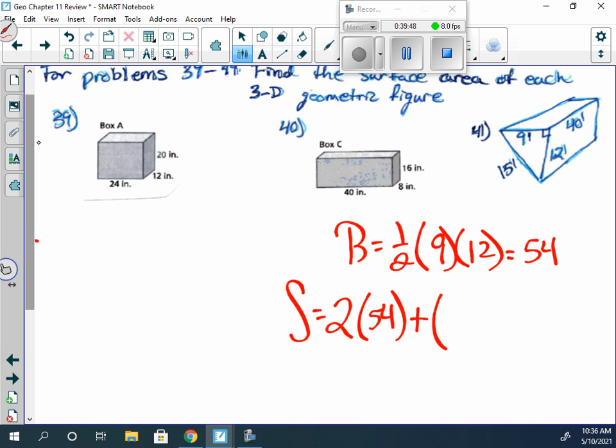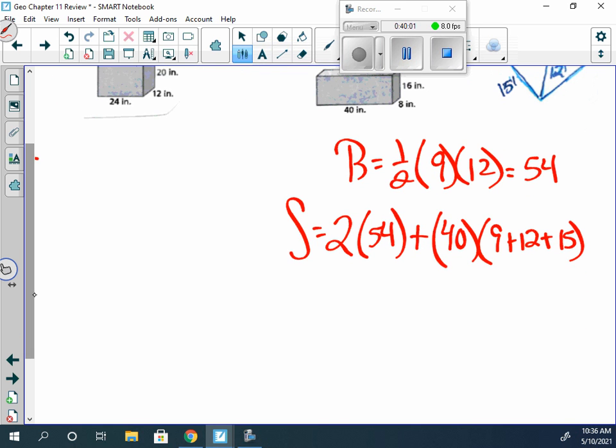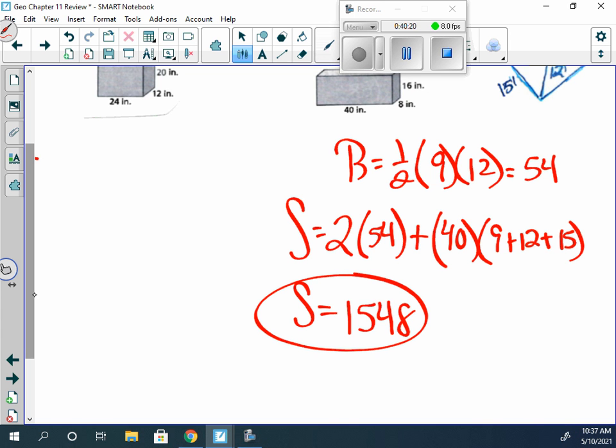So the area of the bases are both 54, so we're going to do 2 times 54. Now the height is 40, and our perimeter is going to be 9 plus 12 plus 15. And again, at this point here, we can type all this into the calculator to get our answer. That would be the surface area for this here.